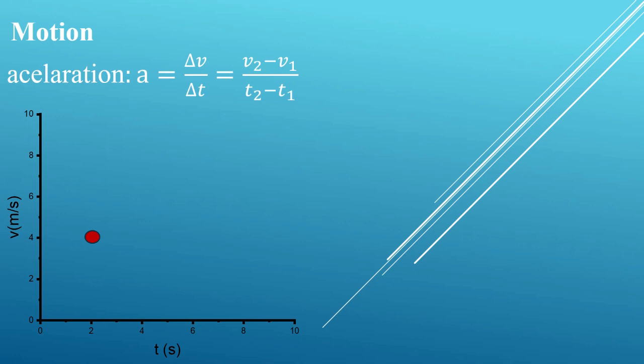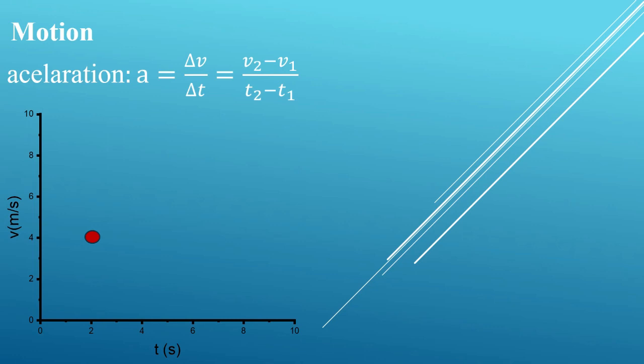If you're dealing with the position of the particle, it's x and y axis; if you're dealing with velocity and time, because if you divide them together, you're going to end up with the acceleration.